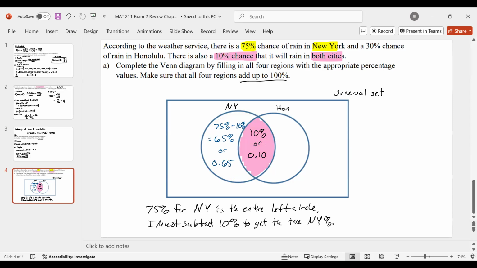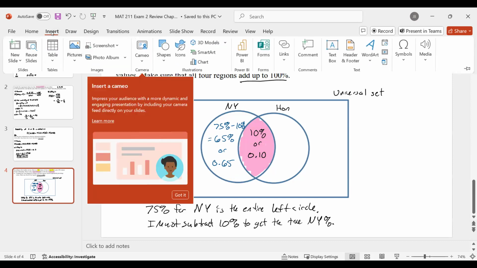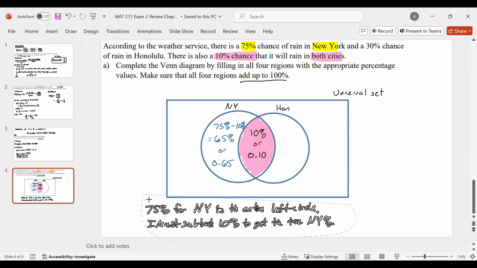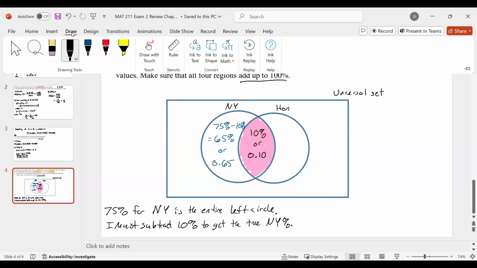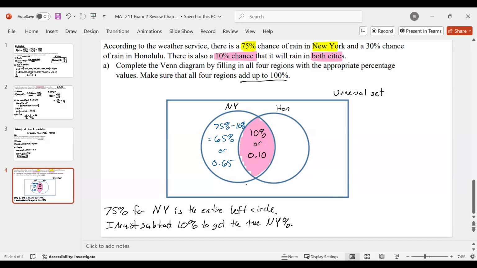So that's the true answer, and you really got to pay attention to that. It is a very common mistake where students will not pay attention to that, and they'll write down 75% for the circle. That is the incorrect answer. So 75% minus 10% is 65.